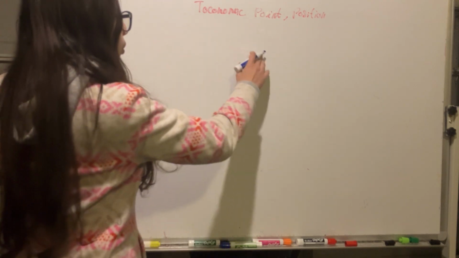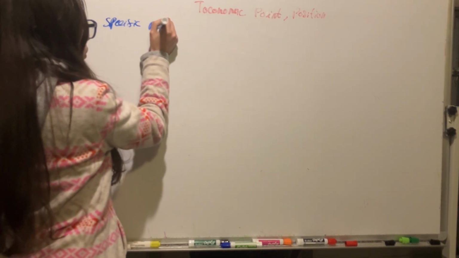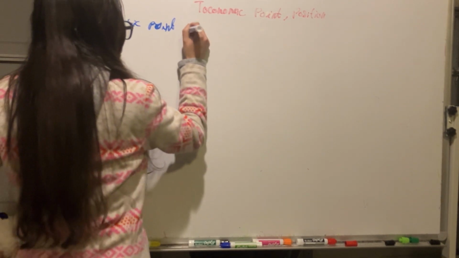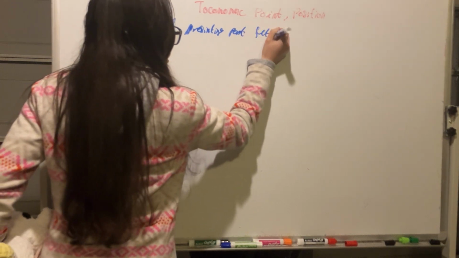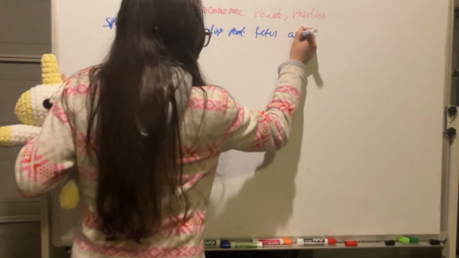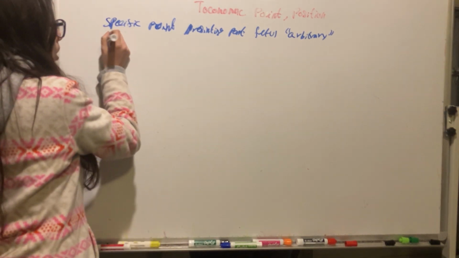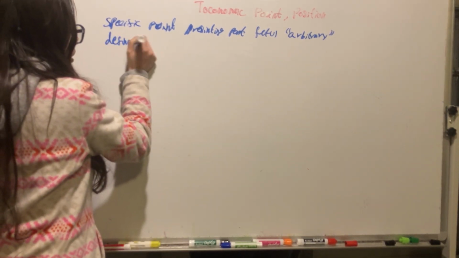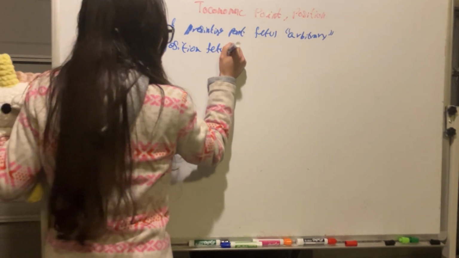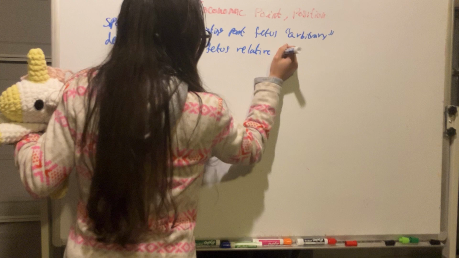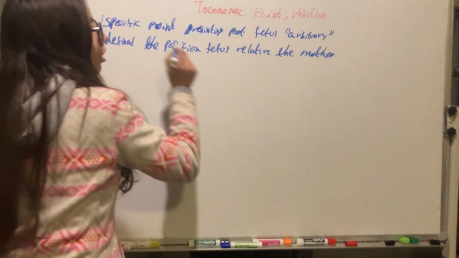So first, the tocogonic point is a specific point of the presenting part of the fetus, an arbitrary point that we use to define the position of the fetus relative to the mother. So that is the tocogonic point.